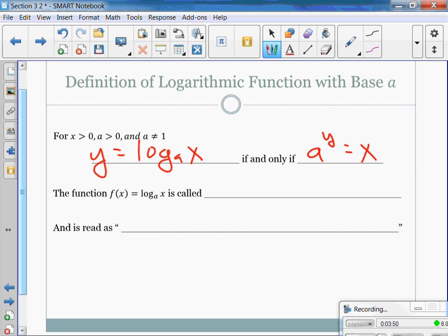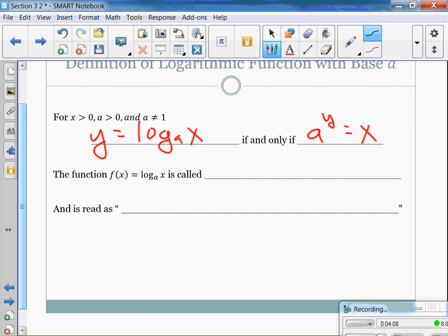One of them we have written in log form, logarithm form, the other in exponential form. So when I have the logarithmic form, and I'm looking for my a, my x, or my y, I can express it in exponential form and go ahead and solve the way that we know how to solve any particular equation. So the function f of x equals logarithm function with base a of x, it's just that.